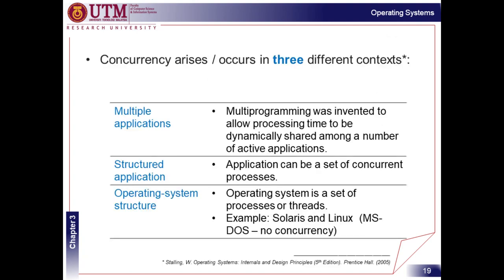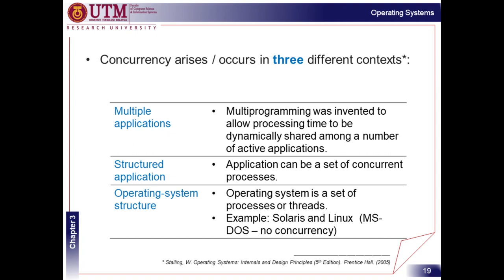This slide explains the different contexts in which concurrency arises in an operating system. The first context is multiple applications. This is when the operating system allows multiple programs to run at the same time by sharing the processor time among them.